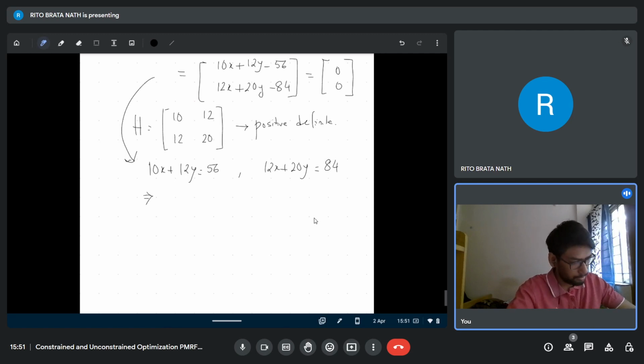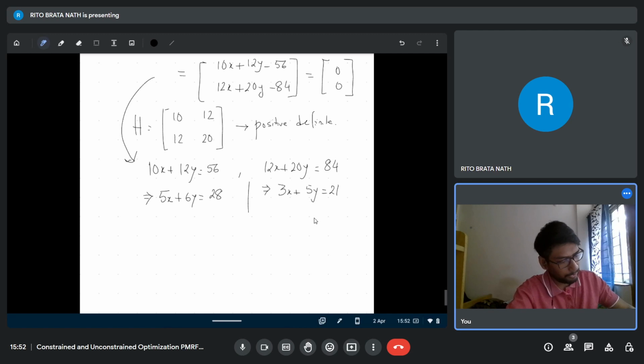So what you can do, you can simplify it. This is 5x plus 6y equals 28. This you can divide by 4 actually. So this is 3x plus 5y equals 21.